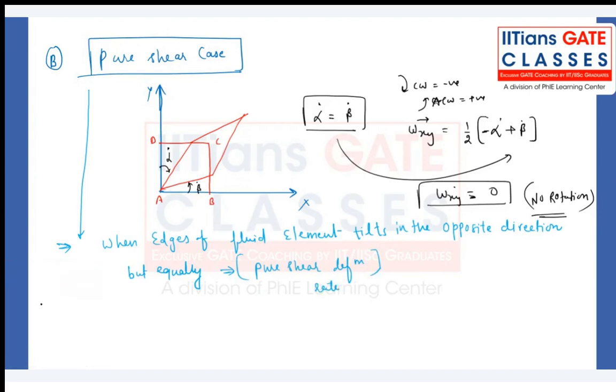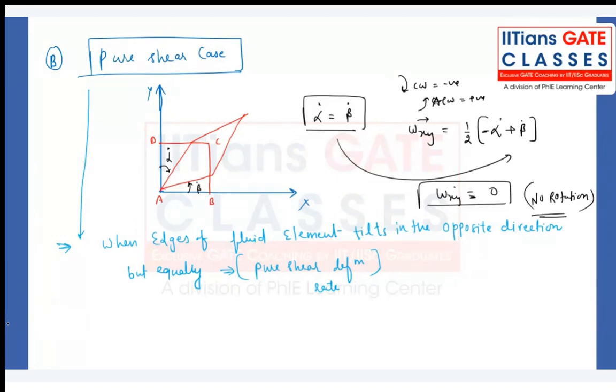Now, one question will arise from this case. What will the question be? Let's say we have an inviscid flow where the viscous force is zero. Now tell me, guys, in this particular case, what are you observing here?